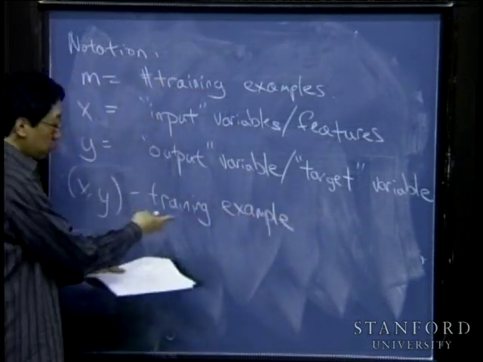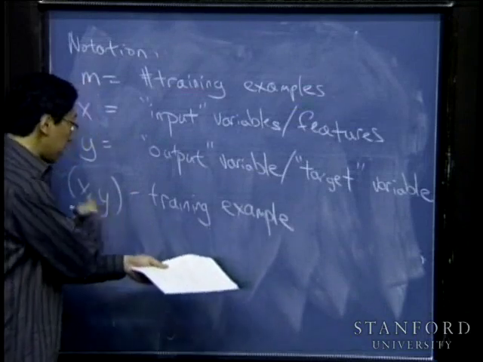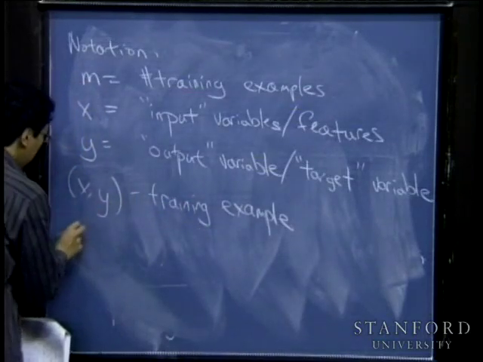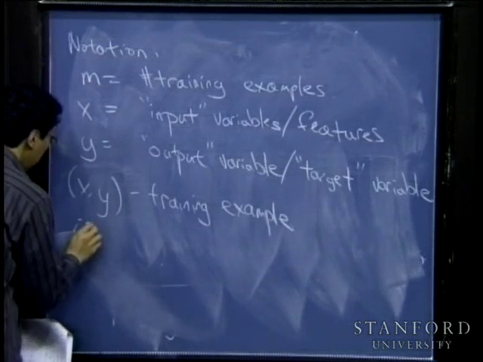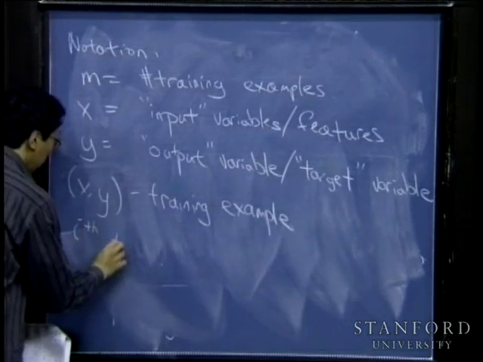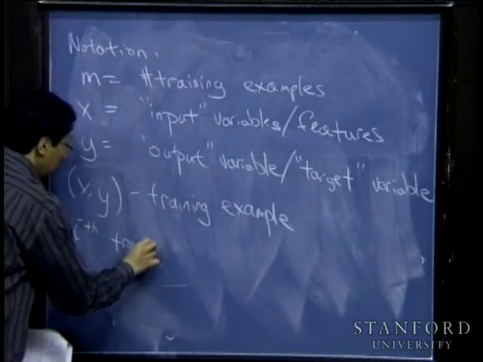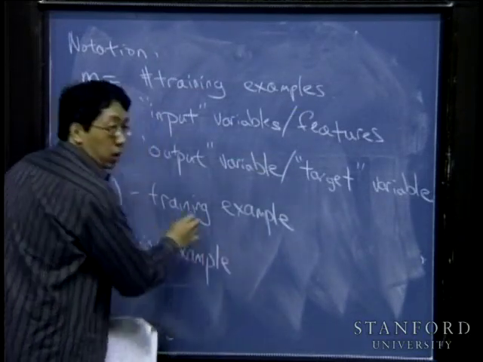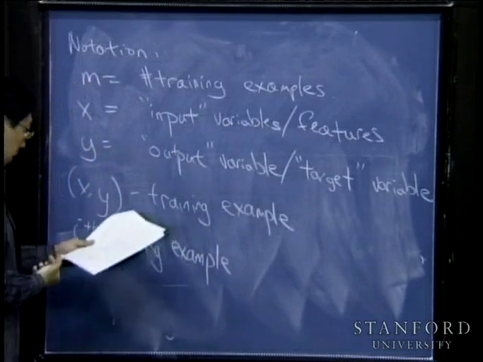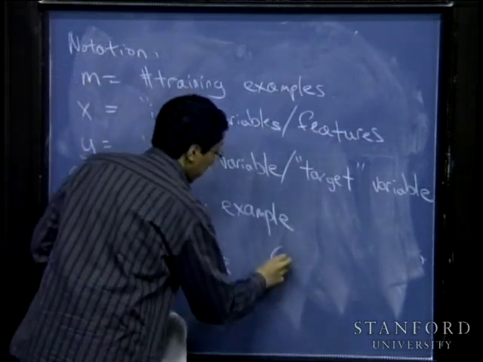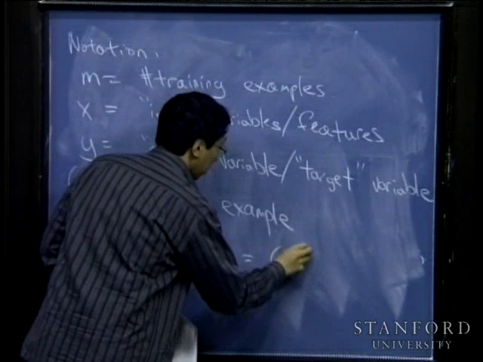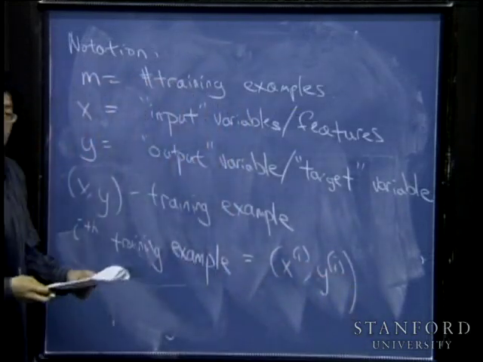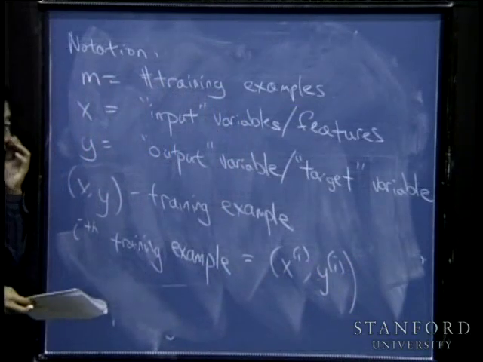Okay, in other words, one row on the table I drew out just now would be what I call one training example. And the ith training example, in other words, the ith row in that table, I'm going to write as (x^(i), y^(i)).